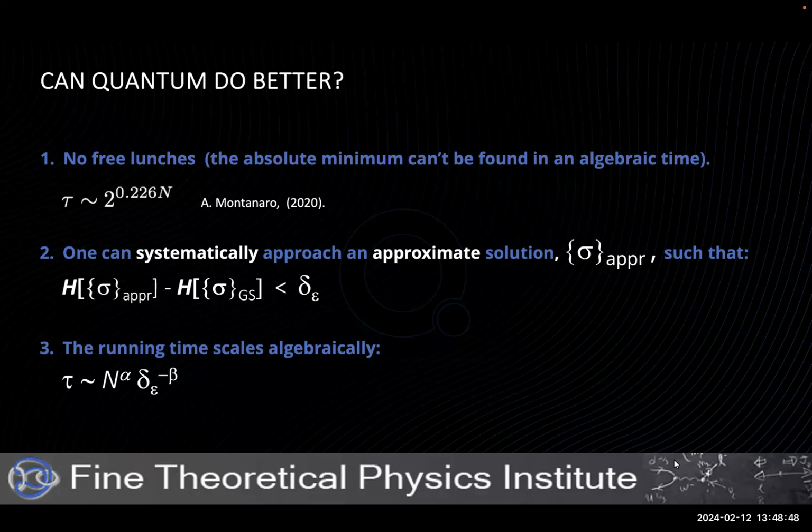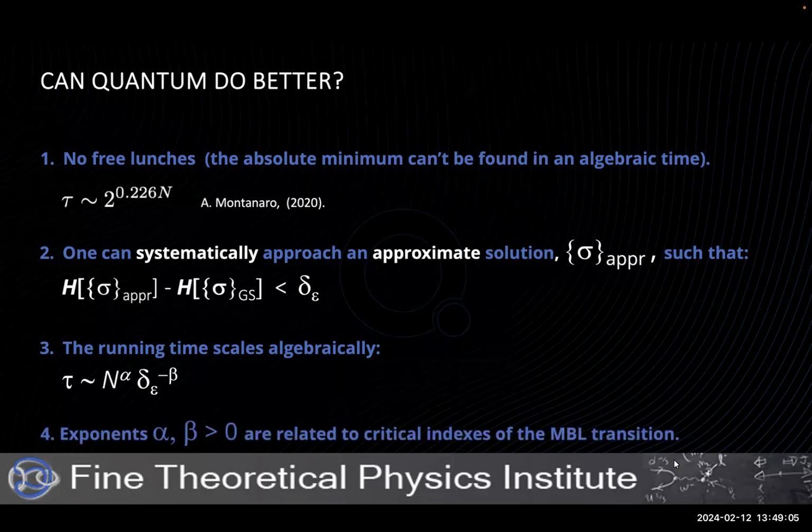It's not clear whether it is the case, but some people, including myself, want to claim that it is the case: that quantum exponents are better than what you can achieve classically. Moreover, I want to claim that in some sense, these exponents are related to critical indices of the many-body localization transition. Again, I'm not claiming that I have a proof, but that's a conjecture.